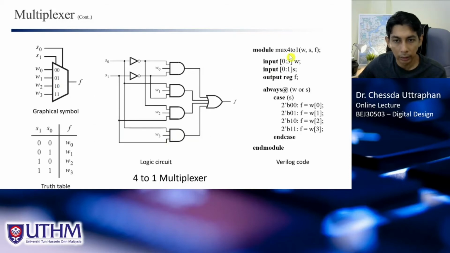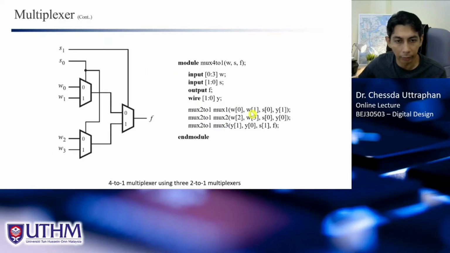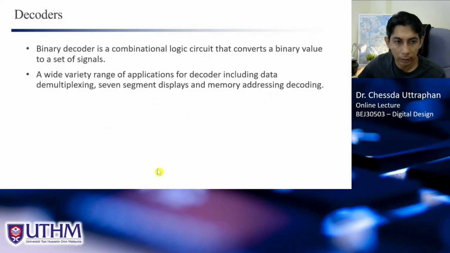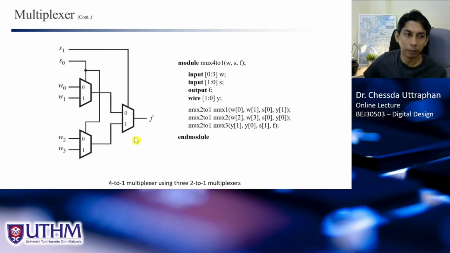So here, mux 2-1, we can use it 3 times and do the connection like this. So W0 is connected to this, W1, and so on and so forth. So again, this is very flexible in Verilog. If you have this design, you can use this. So that will be the multiplexer.